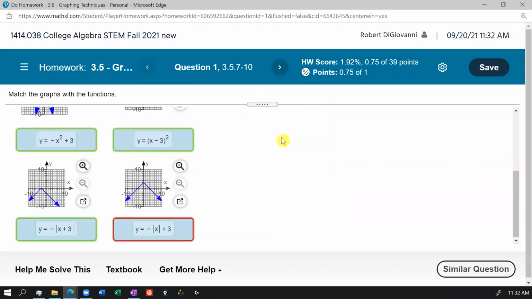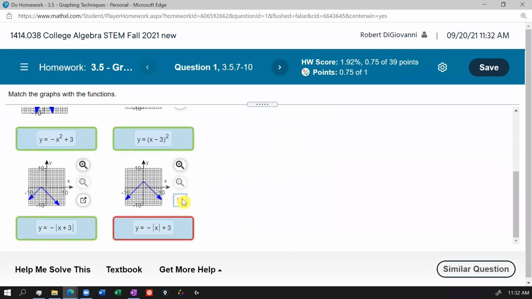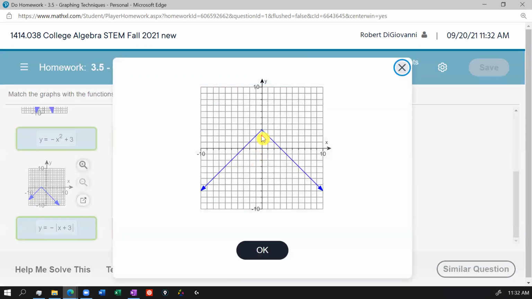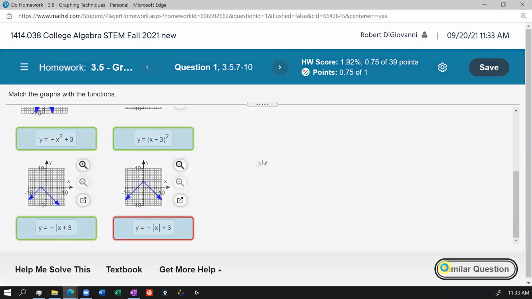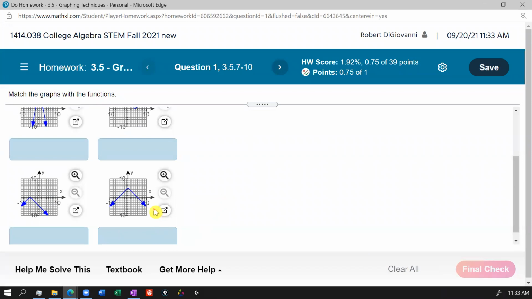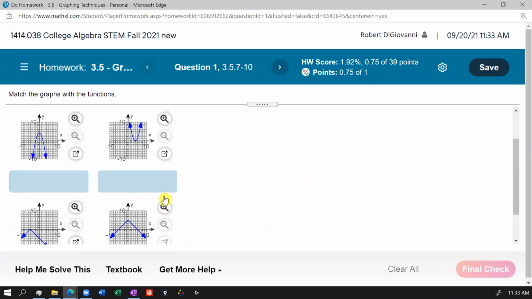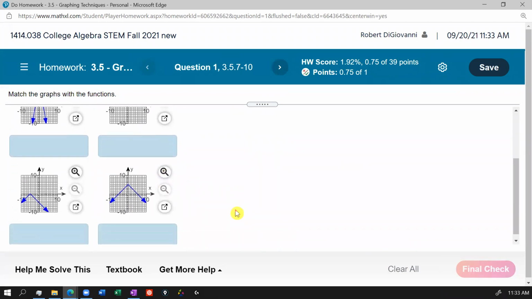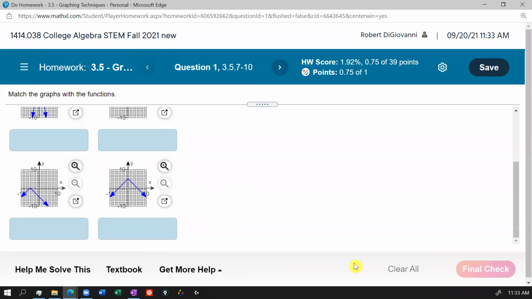I don't see what the problem is here. That is the absolute value function, 1, 2, 3 units up. It's been reflected over the x-axis, so reflection then up 3. Yeah, that should be right. Why didn't it? Oh man, I think that was a mistake in this online system. I can't go back, can I?